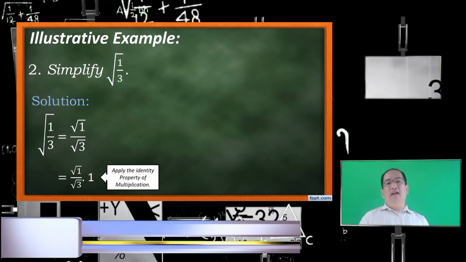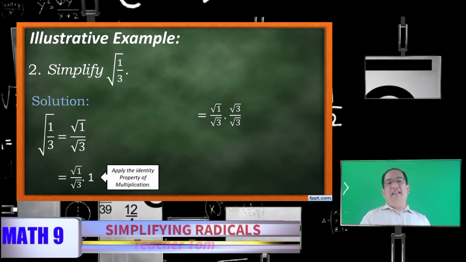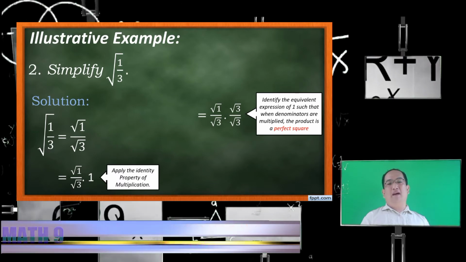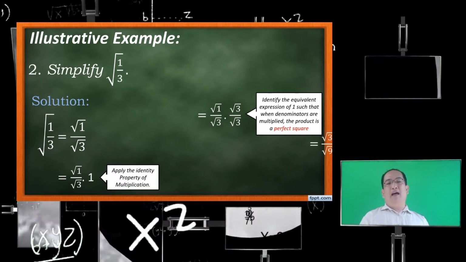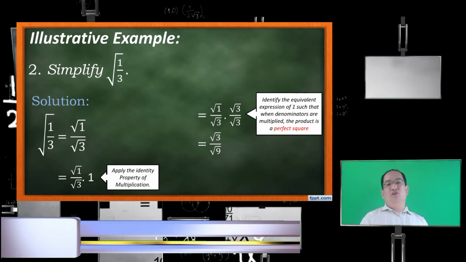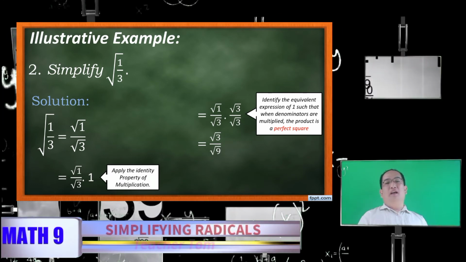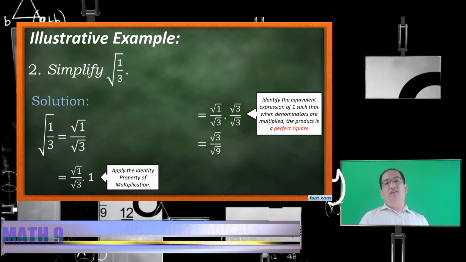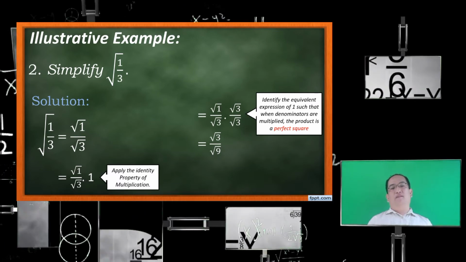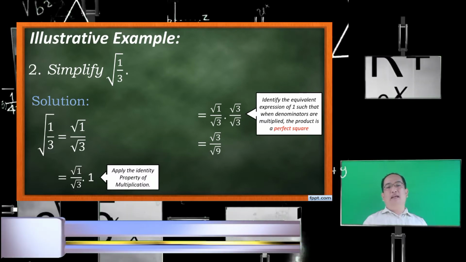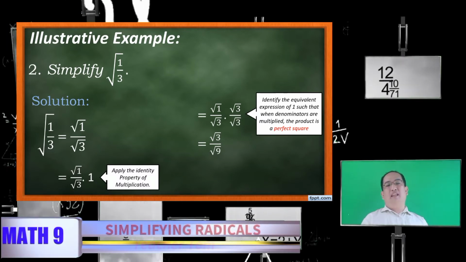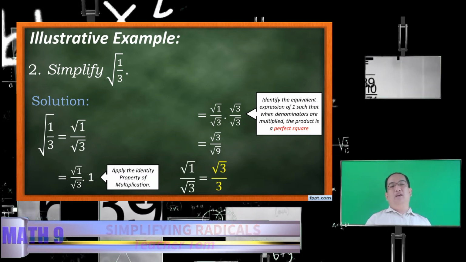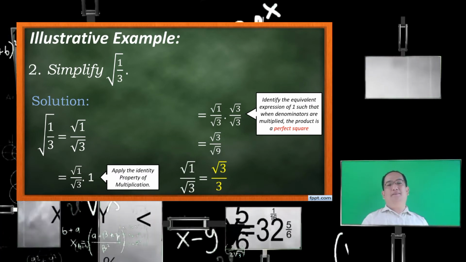Then, again, identify the equivalent expression of 1 such that when the denominators are multiplied, the product is a perfect square. So, from the expression square root of 1 all over square root of 3 multiplied by square root of 3 all over square root of 3, we have square root of 3 all over square root of 9. So, the simplest form is equal to the square root of 3 all over 3.